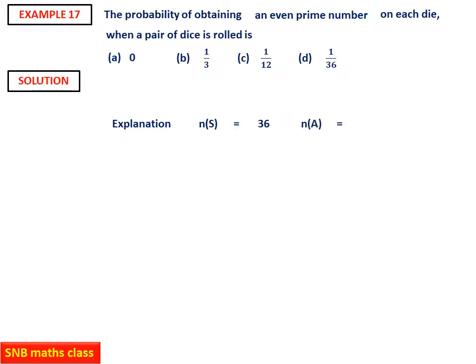So what is the number of A? This will be 1. So number of A is 1 and number of S is 36. So it is very simple. Required probability will be 1 by 36. So D is the correct option. It's a very simple problem provided we understand what an even prime number is, and the sample space. Let us proceed.